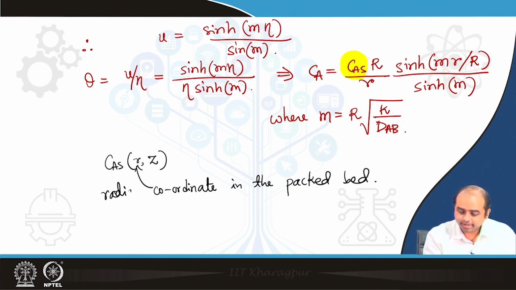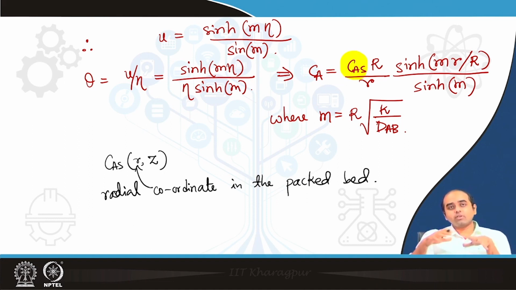So, this is the radial dimension in the packed bed, and at a different cross sectional location as well as different vertical or axial positions, these CAS values will be different, and that is something we are actually solving for.